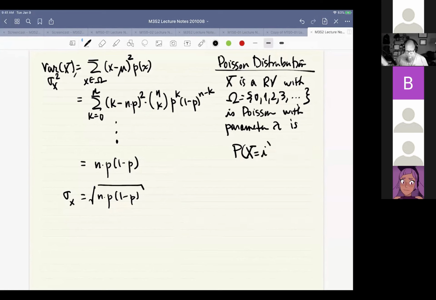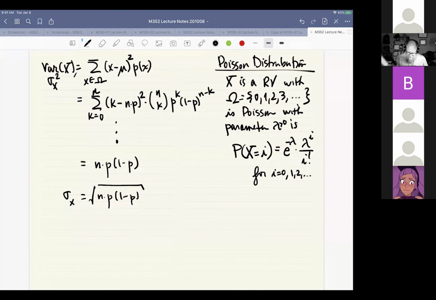The probability of the random variable having a result i equals e to the minus lambda times lambda to the ith power over i factorial. Okay, and this is for all the i's that are in the sample space. And so I guess it's worth saying that lambda has to be a positive number.